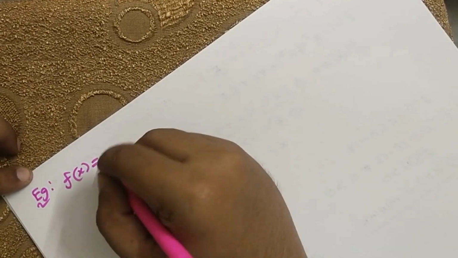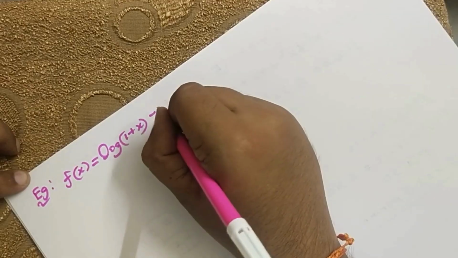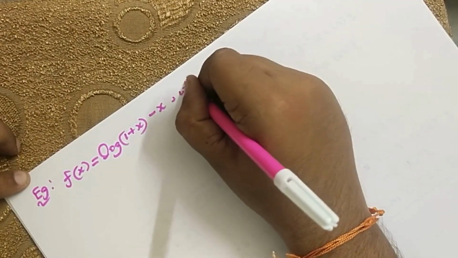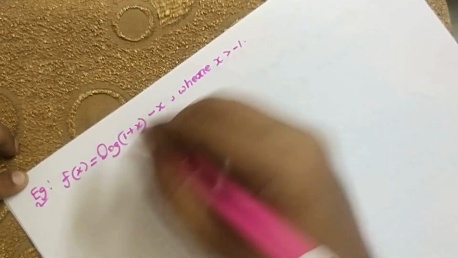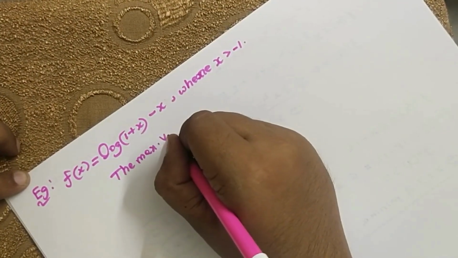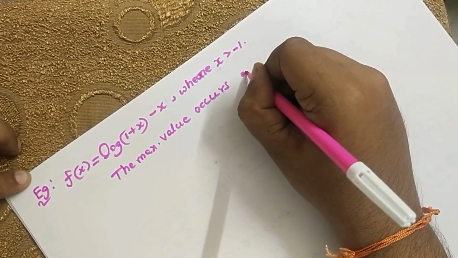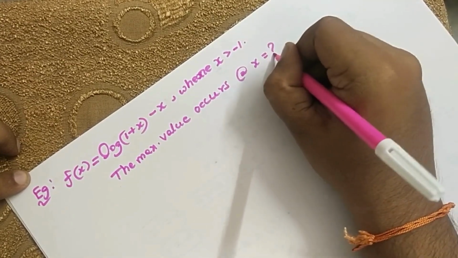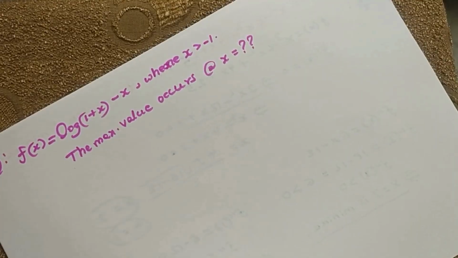Example: f of x is given as log of 1 plus x minus x, where x is greater than minus 1. We have to find at which point x the maximum value occurs. Let's solve this.